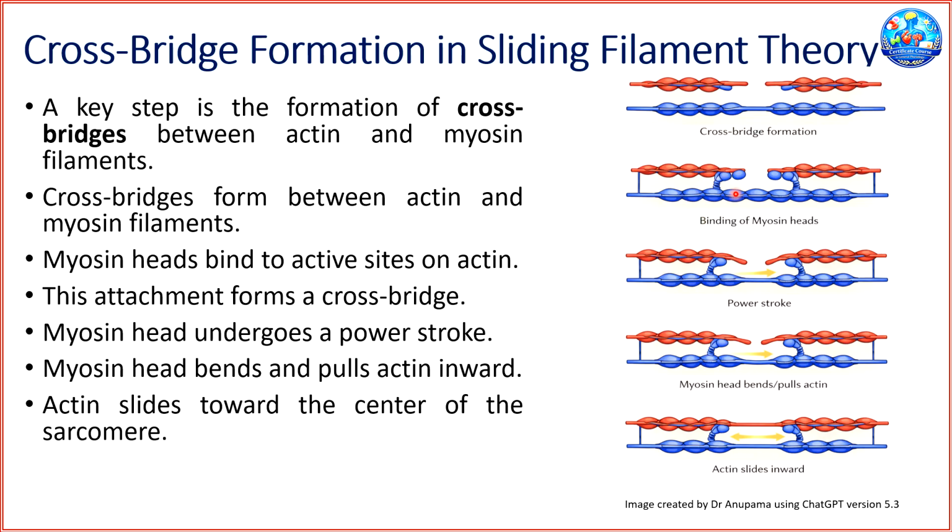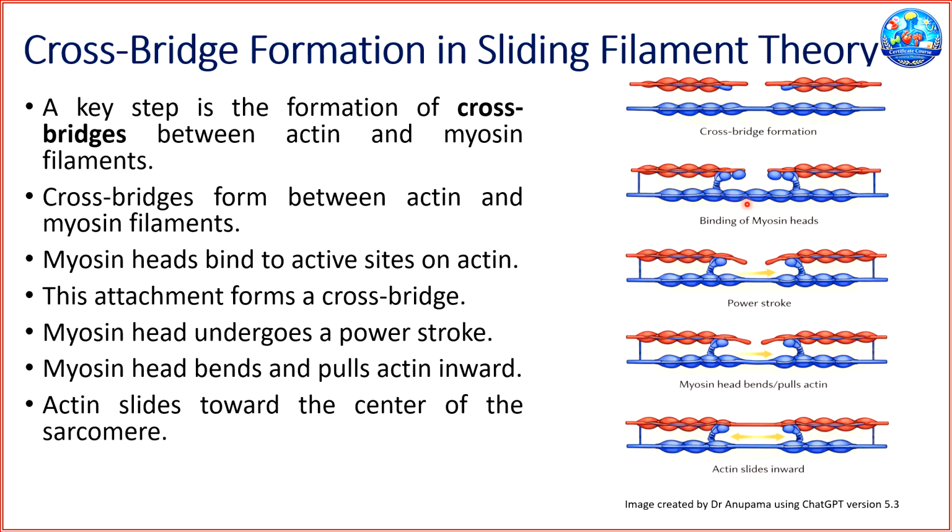This process begins when the myosin heads bind to the active sites on the actin filament. This attachment, once it has taken place, forms the cross bridge, and here it acts like a tiny hook that is connecting the two filaments.